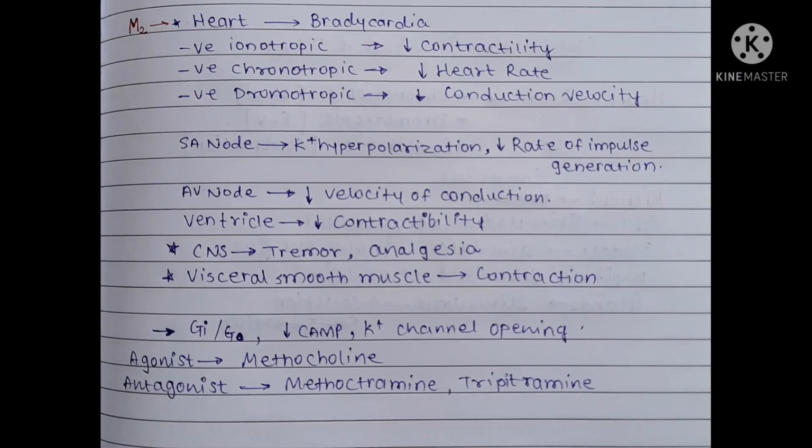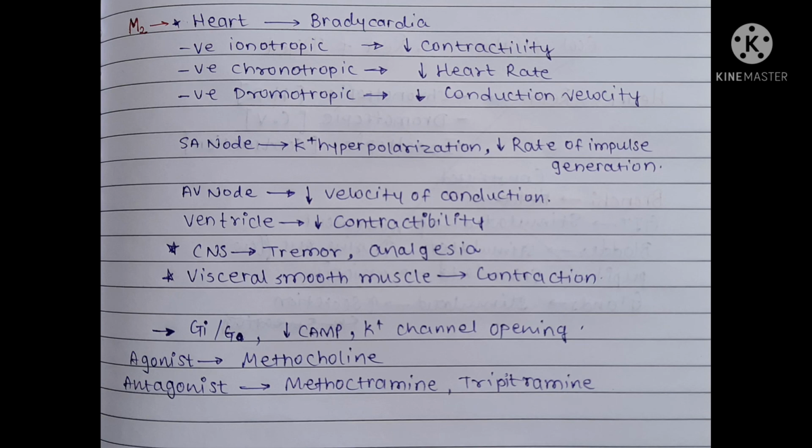Then the M2 receptor. It is present on the heart and produces bradycardia, with negative inotropic, negative chronotropic and negative dromotropic effects. At the SA node, K plus hyperpolarization decreases the rate of impulse generation. At the AV node, it decreases the velocity of conduction. In ventricles, it decreases contractility. So overall, bradycardia.